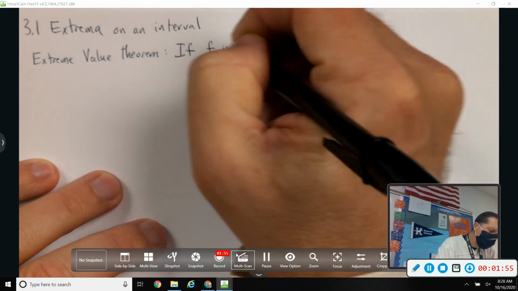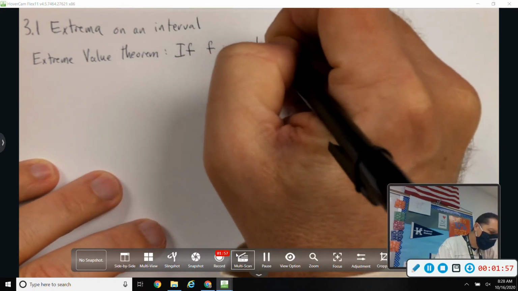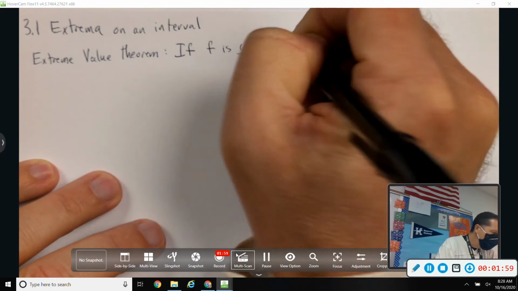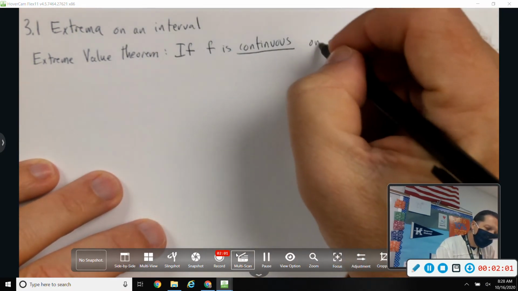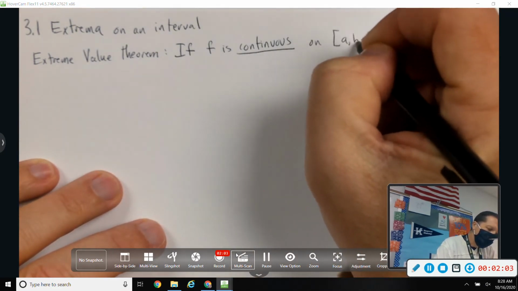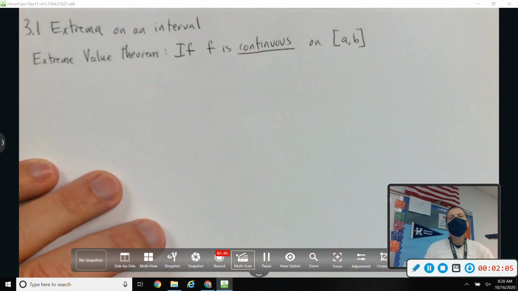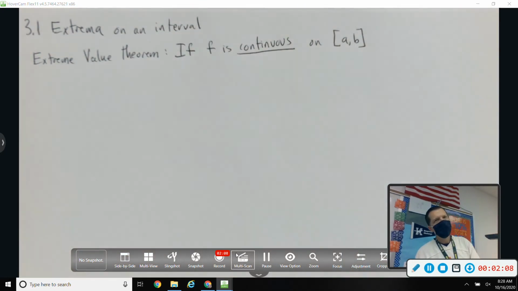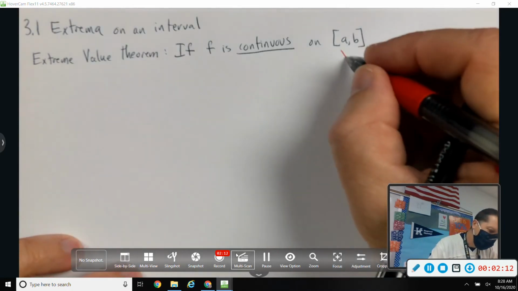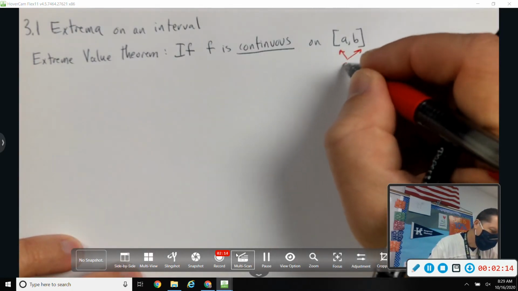If f is continuous on [a, b], and that's a, b with brackets, meaning it has to be a closed interval.